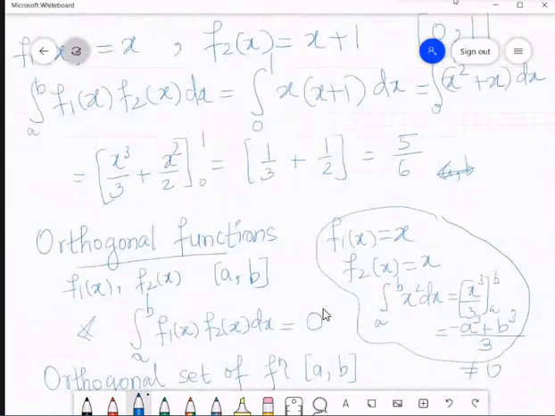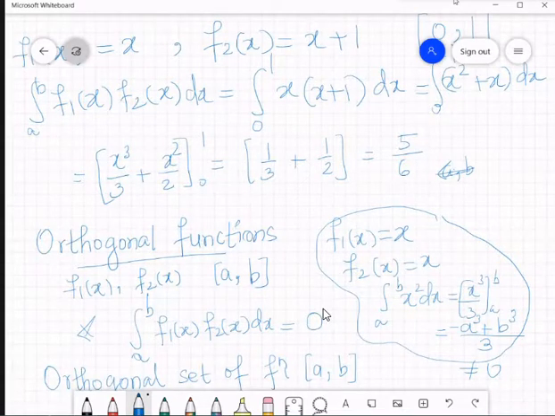If I take the same expression, if I take the norm here, what I want to define is the length of f. We don't call it length, we call it the norm of f. So what will be the norm of f?